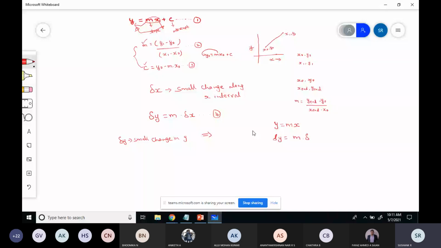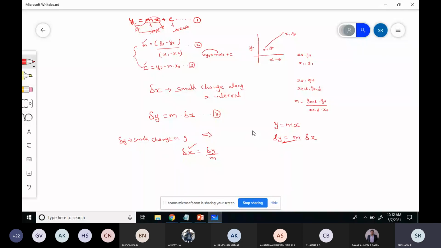To find how x will change, you have to shift m to the denominator. So the equation will be delta x is equal to delta y by m. This is how we calculate the corresponding change in x whenever the value of y changes. These equations are helpful in determining how the value of x and y changes along the line.